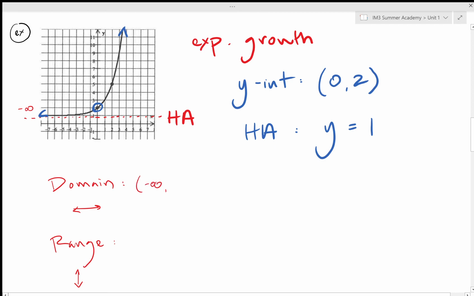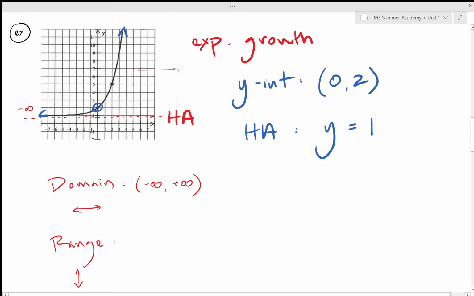And infinities get parentheses. Does it ever stop going off to the right? No. It's very slow, but it's still going to the right. It just gets a little bit slower. It goes up really fast, but it's growing to the right kind of slowly. So positive infinity over there.